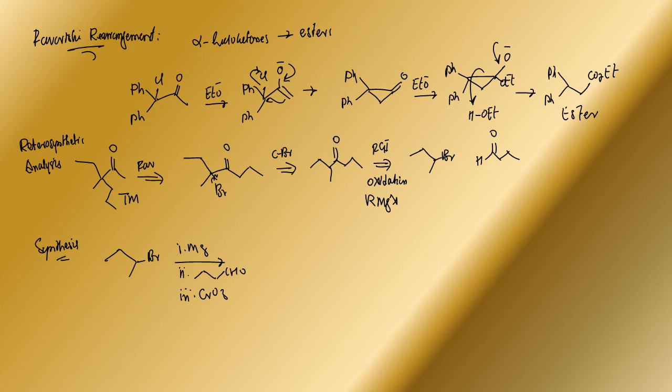I will get the species like this, which will be treated with methoxide, and I will obtain an unstable species. That again, when treated with methoxide, will generate the target material. So this is how we can get to the target.